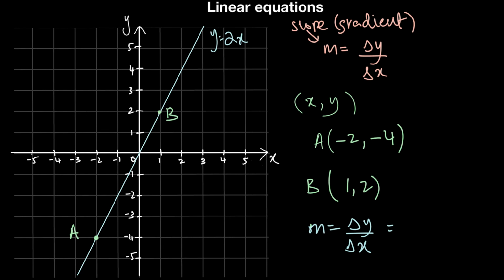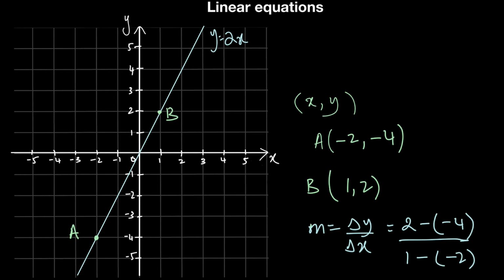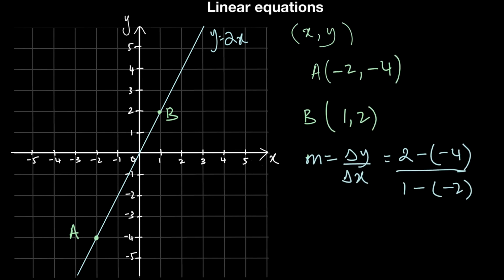So the change in y is the end point, which is +2, minus the starting point. The end point being B and the start point being A, the difference in y values, or the change in y, is +6, whereas the change in x is 1 minus -2, which is 3. So when I do the math over here, I get m equals 6 over 3, which equals 2.